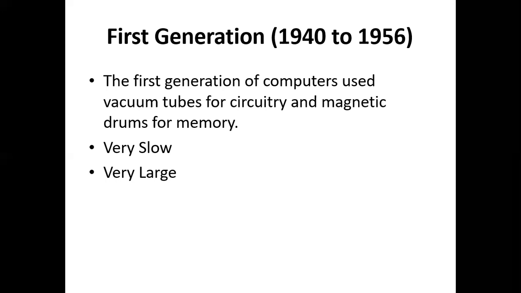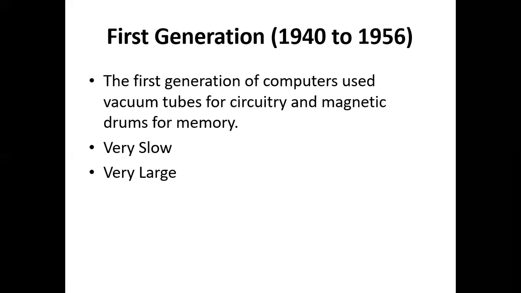Now, for this electric energy to be used, there's supposed to be a way of carrying that. There's supposed to be a circuit that will carry the electric energy. In the first generation of computers, vacuum tubes were used to make this circuitry.